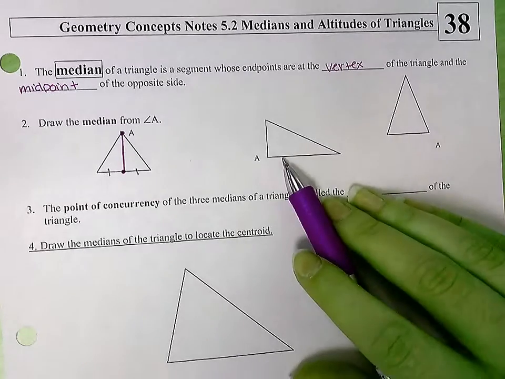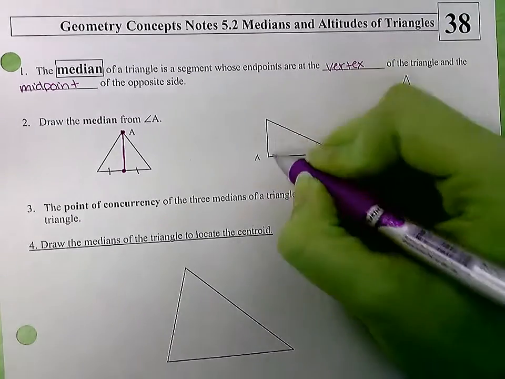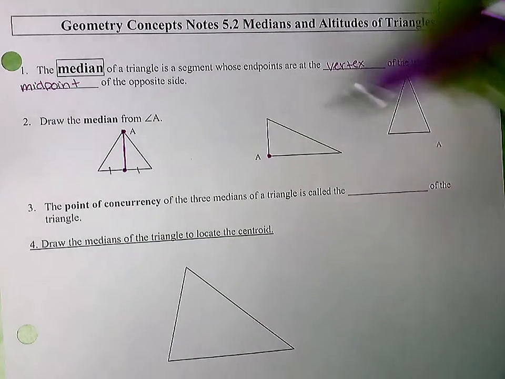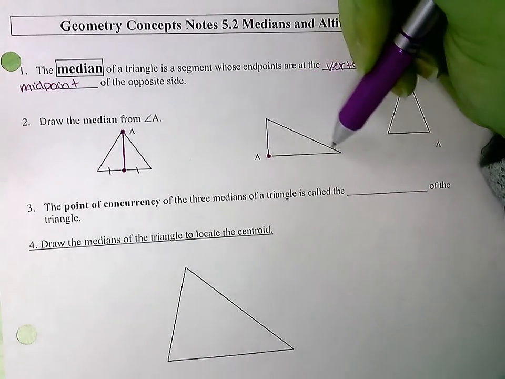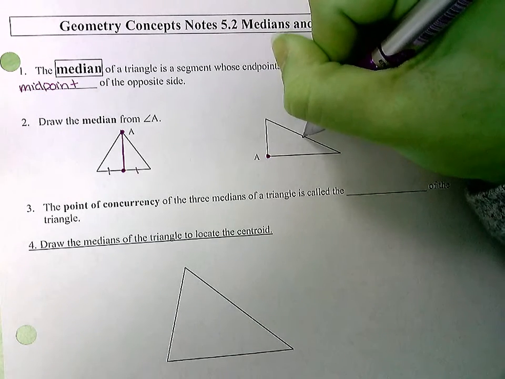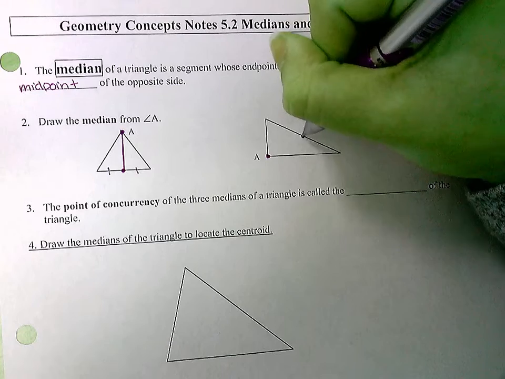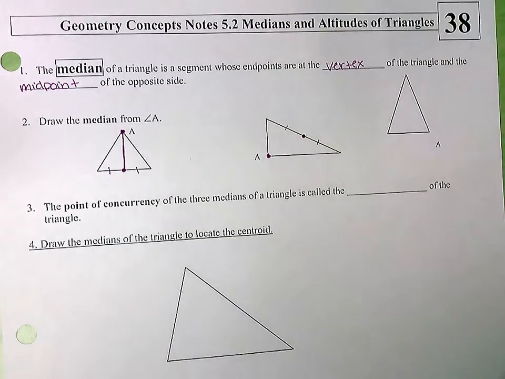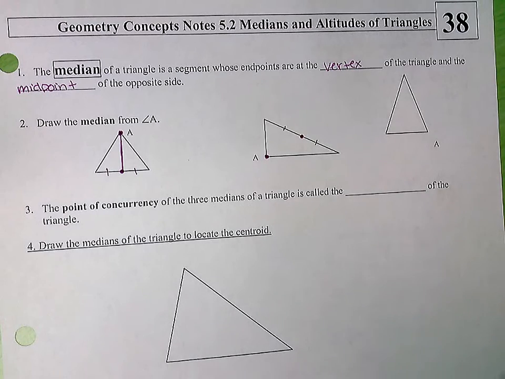Okay, for that second triangle, again from the vertex, we need to find the midpoint of that opposite side. Okay, so again, I'm just going to estimate it's about here. Since that's the midpoint, those two pieces of that segment would be congruent or equal.